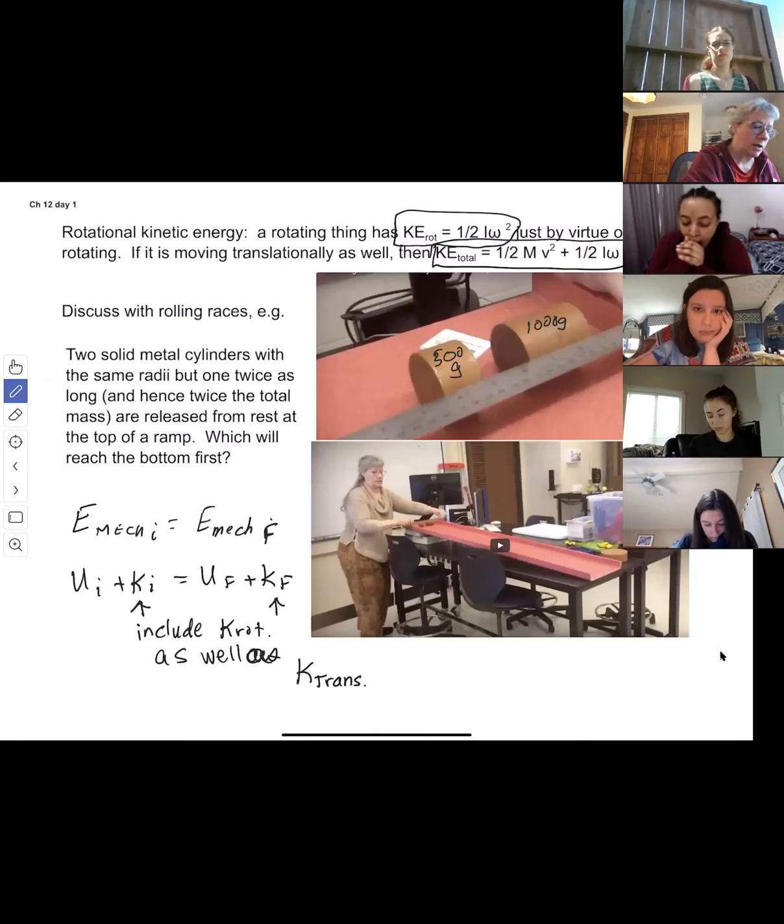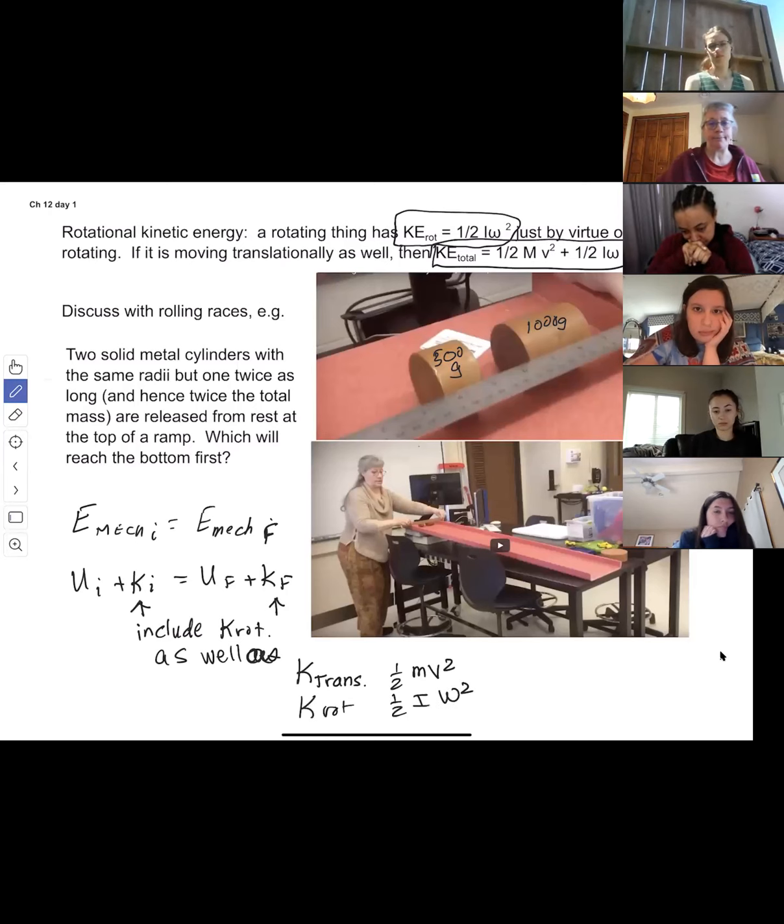The regular, the 1/2 mv squared kind, but we also have to take into account the rotational, the 1/2 I omega squared kind. So I'll put that thought in your head because that might help you get a start on the second homework problem.